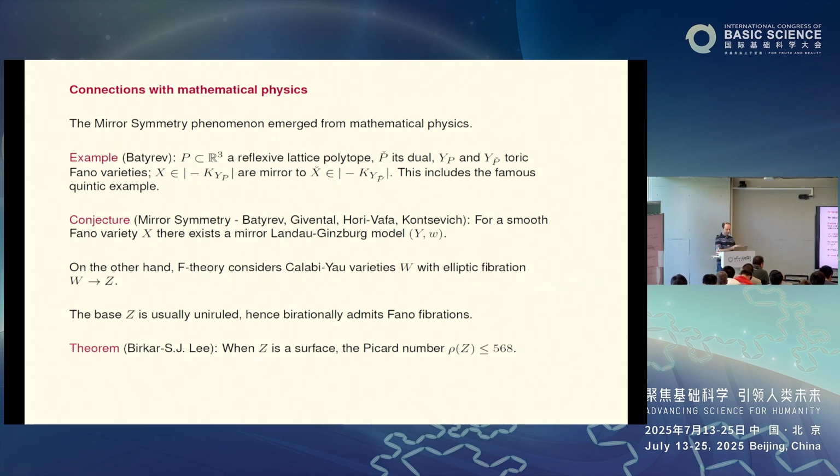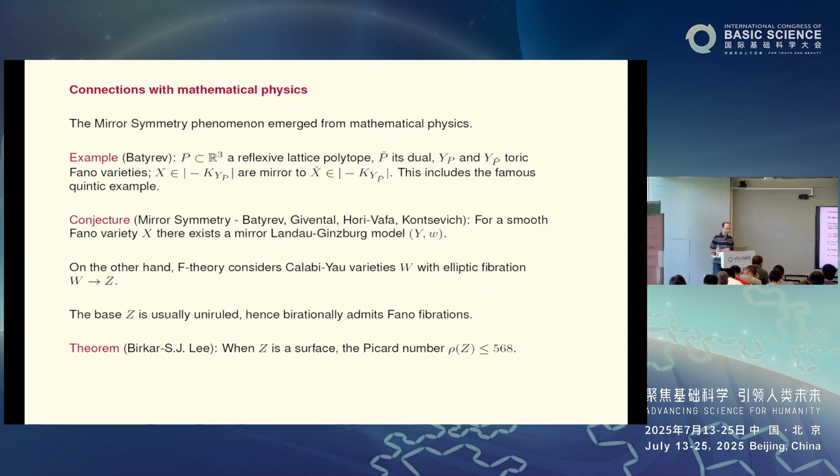Now, in the setting of purely Fanos, there is also a mirror symmetry conjecture due to many people, which says that if you have a smooth Fano variety, then there is a mirror. But the mirror is not necessarily a Fano variety. It's a so-called Landau-Ginzburg model, which in many cases is a torus together with a function on this torus or this space.